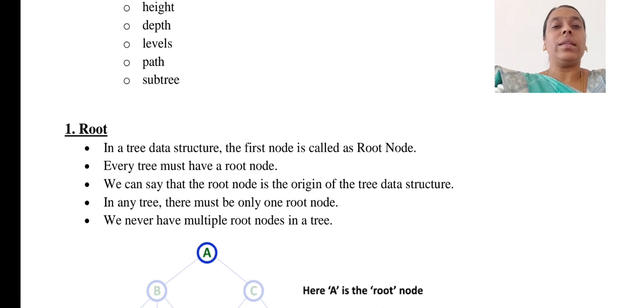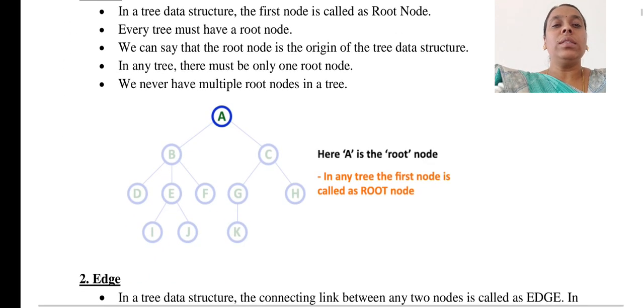In a tree, there must be only one root node, never multiple root nodes. In this example, A is the root node. Remaining nodes are internal nodes, parent nodes, child nodes or leaf nodes.